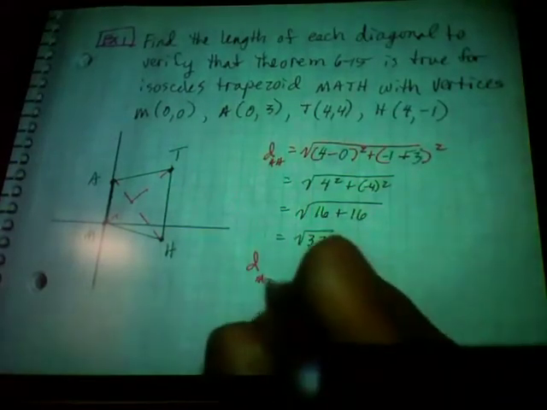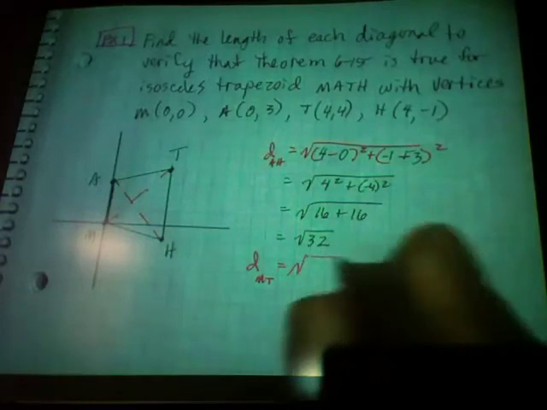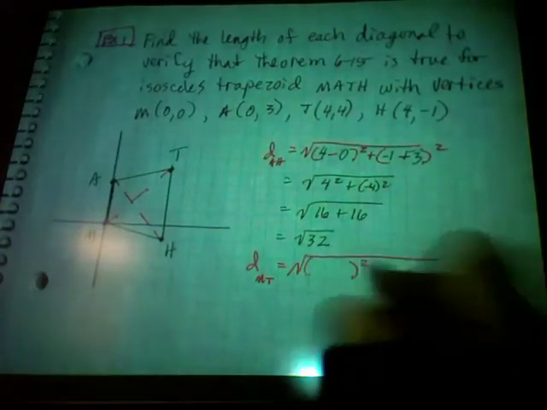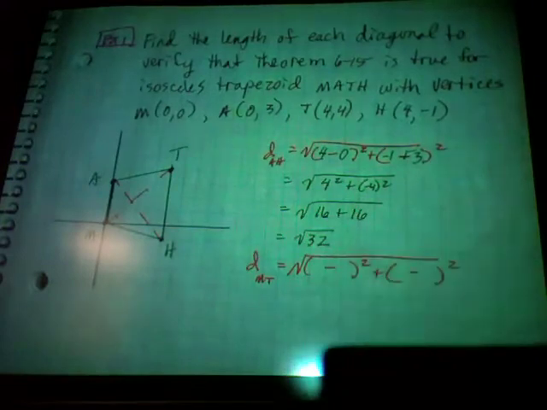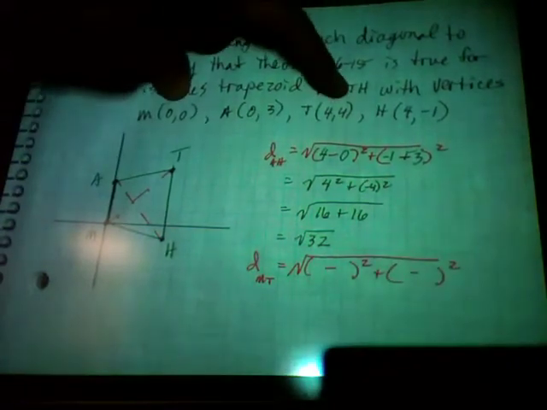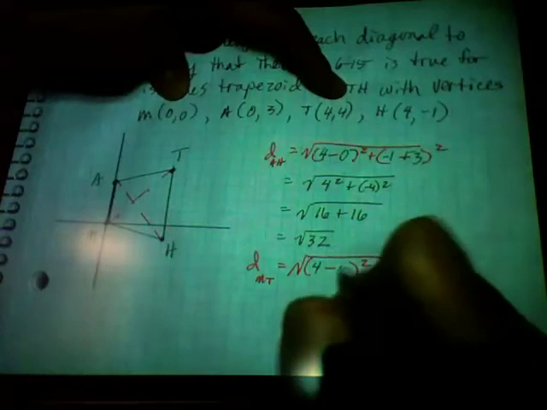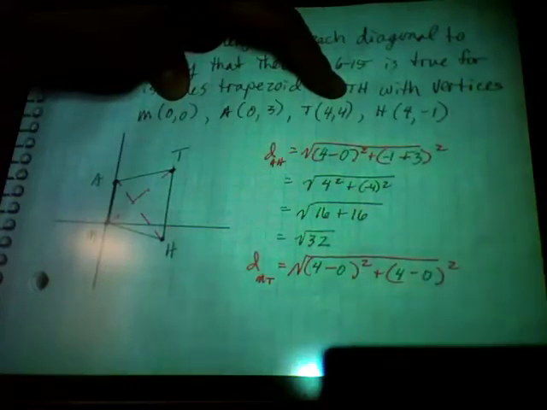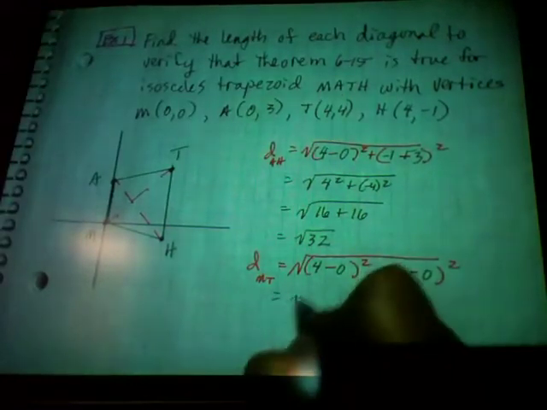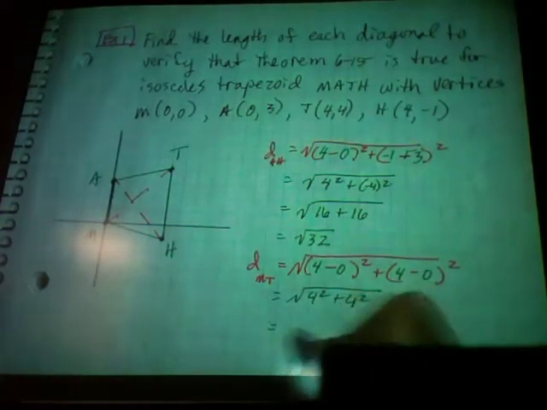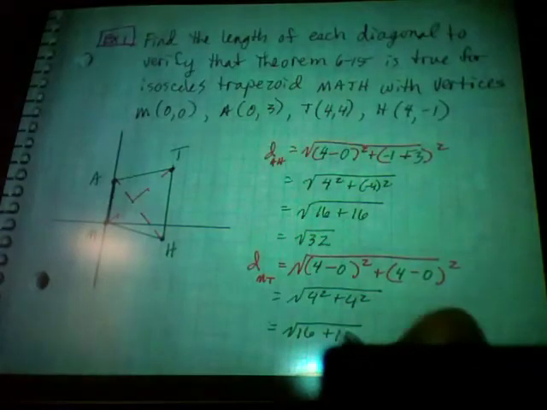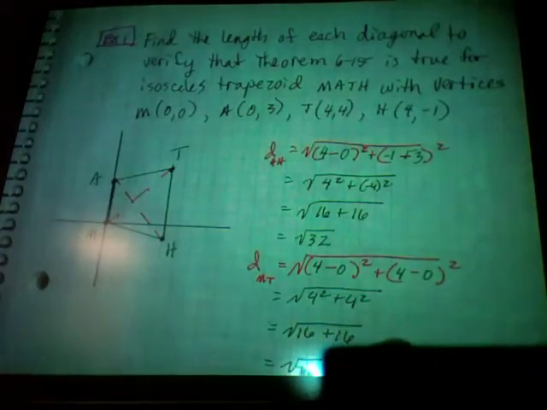From M to T, also using that distance formula. Here's M and T. So I've got 4 minus 0 and 4 minus 0, which gives me 4 squared and 4 squared, which is 16 plus 16, which is also the square root of 32.